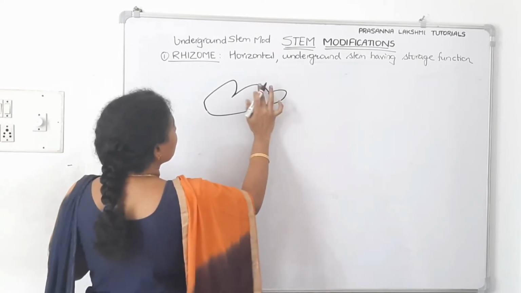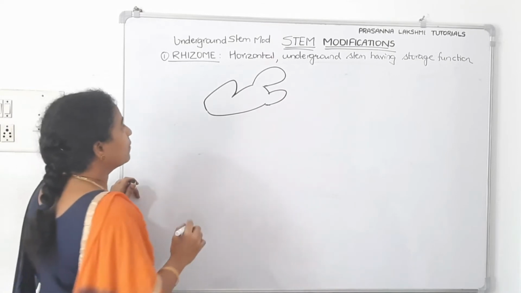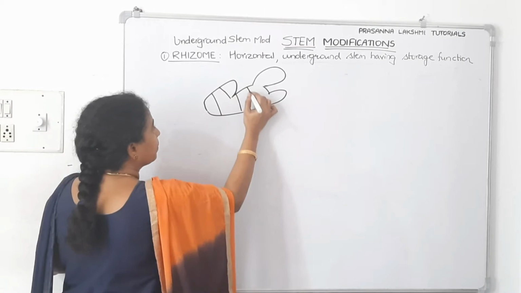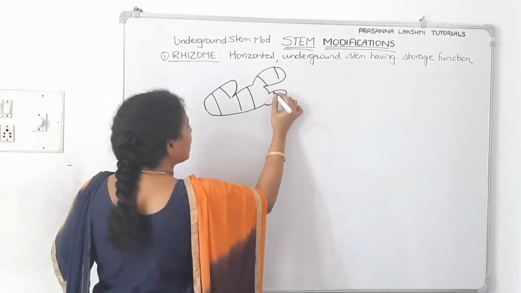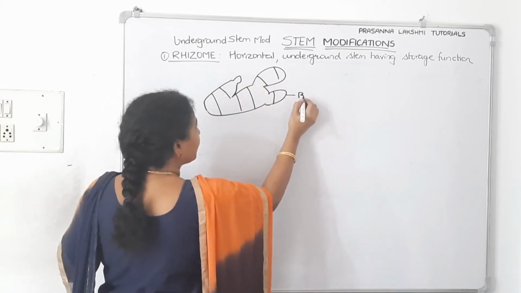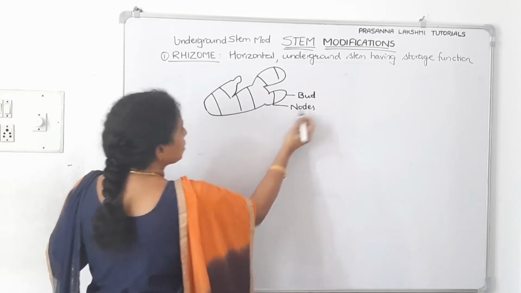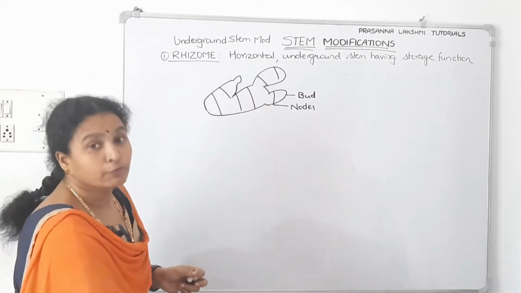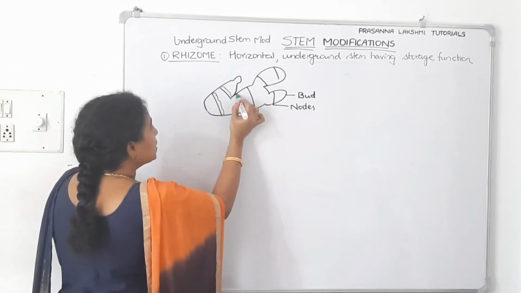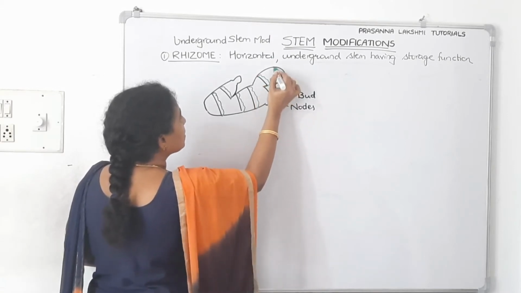Right? So like this we have ginger. Now this ginger, it has nodes on it. So what I am drawing are the nodes. So what I draw is a bud. It has bud here. These are nodes. At the axis of the node, it has scaly leaves. Since it is inside the soil, they'll not be green, they'll be dry, membranous, thin leaves.